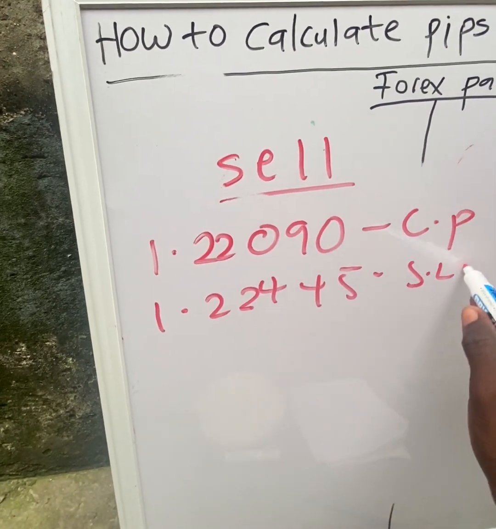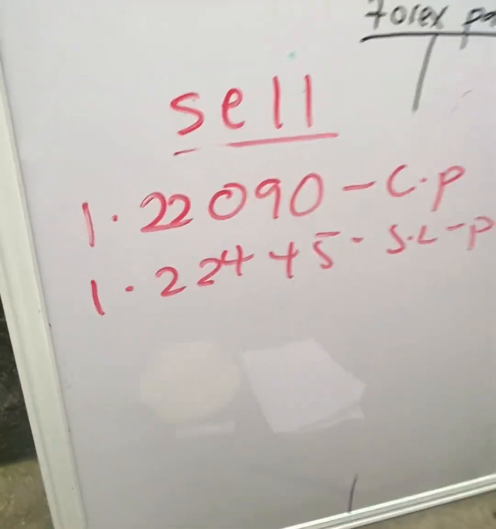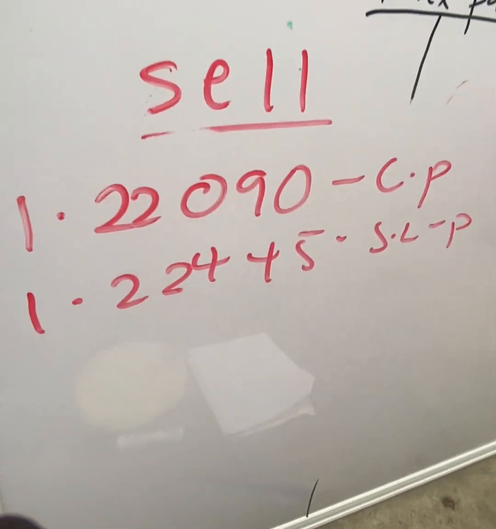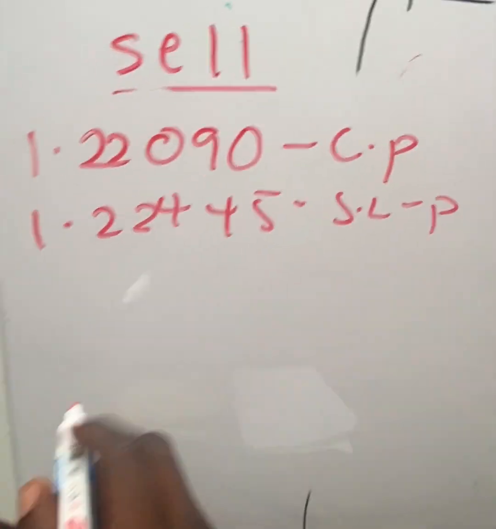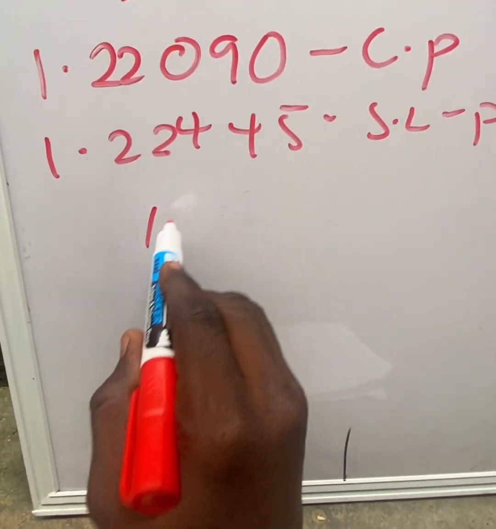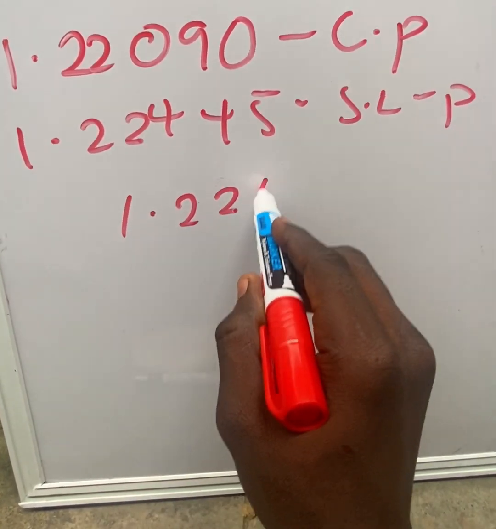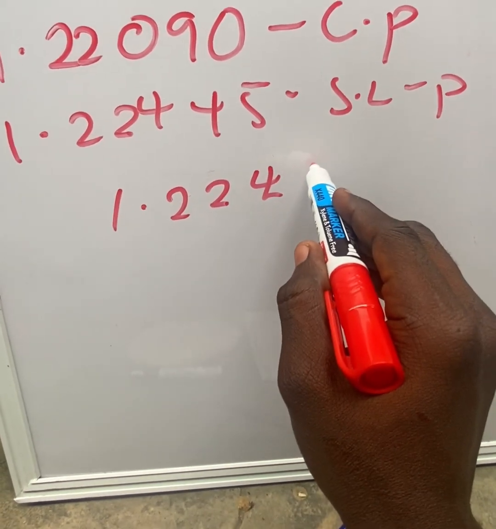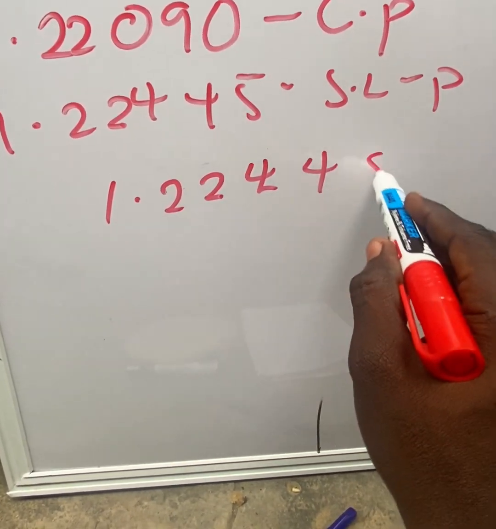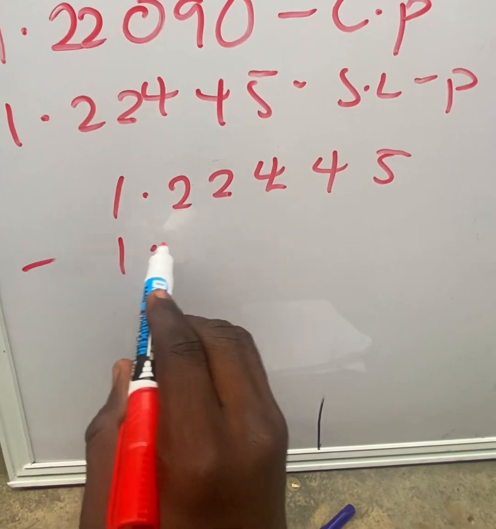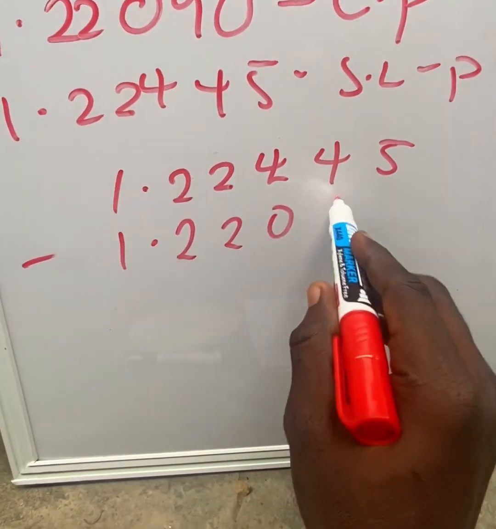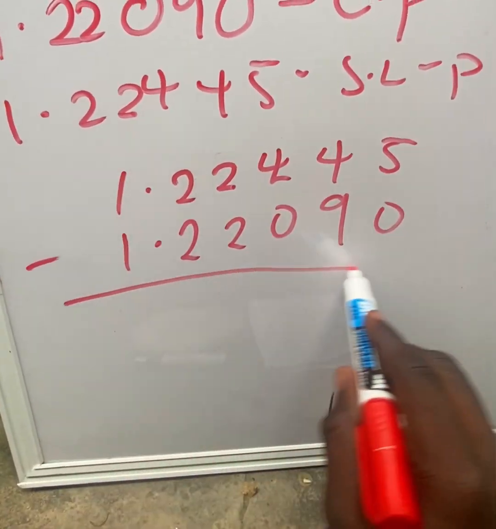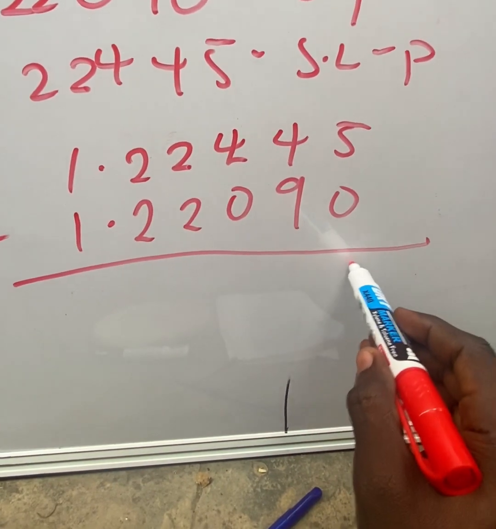What do we do? We subtract the current market price from the stop loss price, which is 1.22445 minus 1.22090.